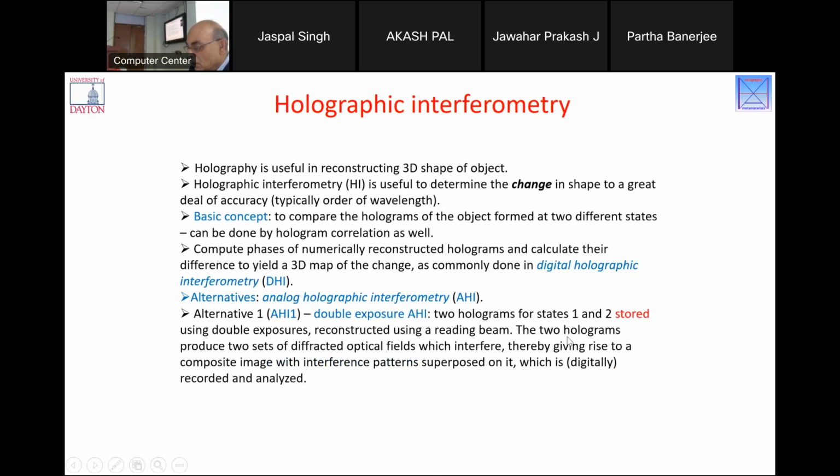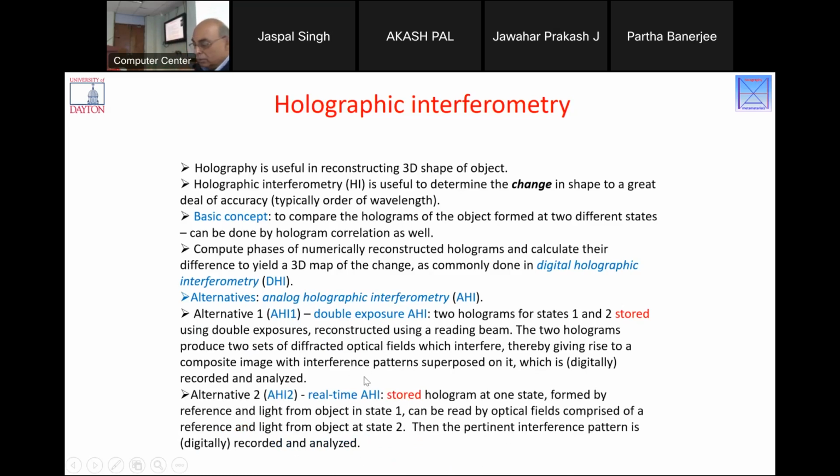The two holograms produce two different sets of diffracted optical fields, and those are going to interfere. They will form an interference pattern which will be superposed on the reconstructed image. Then you can record that digitally, analyze the fringes on it and figure out what kind of deformation there is.